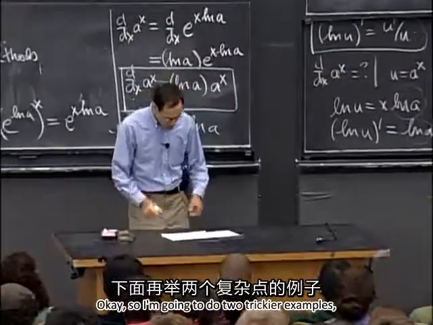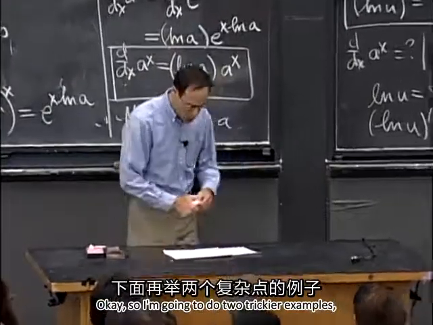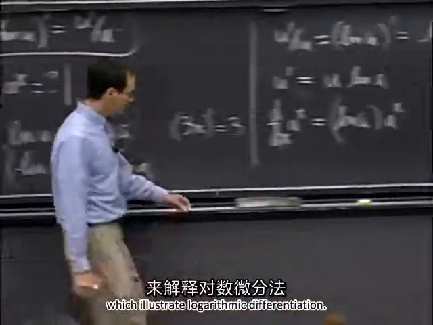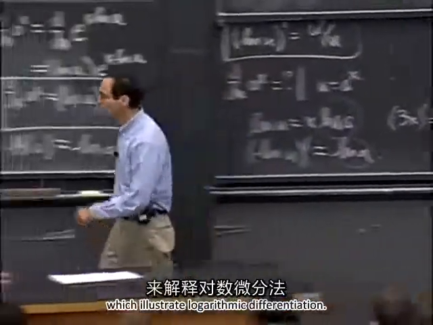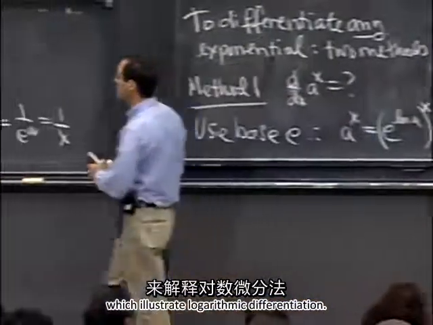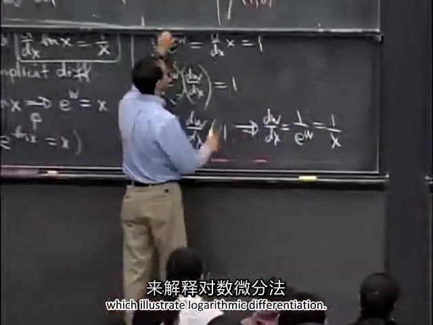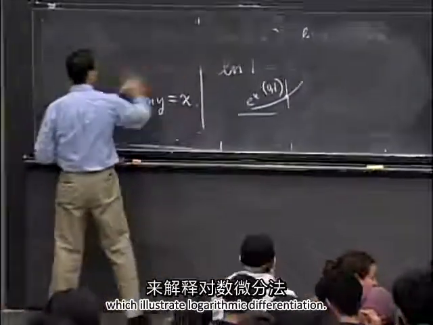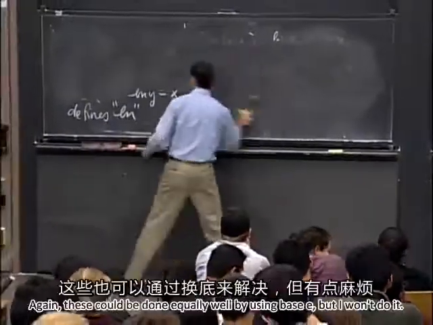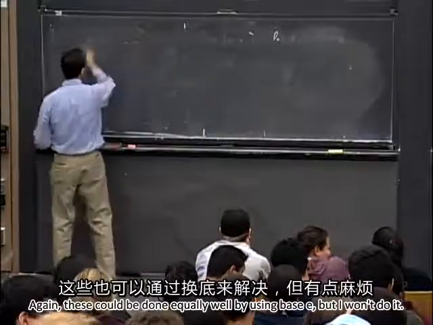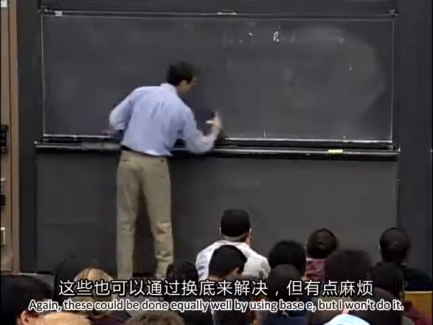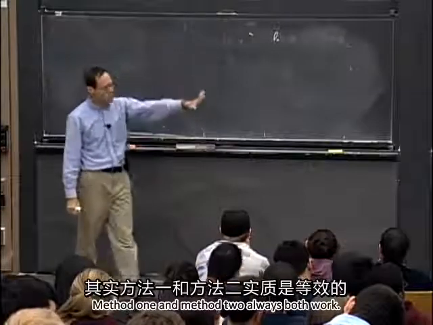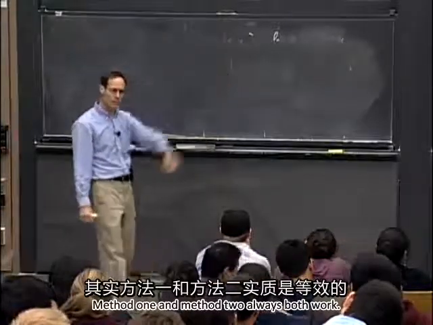Okay, so now I'm going to do two trickier examples which illustrate logarithmic differentiation. Again, these could be done equally well by using base e, but I won't do it. Method 1 and method 2 always both work.